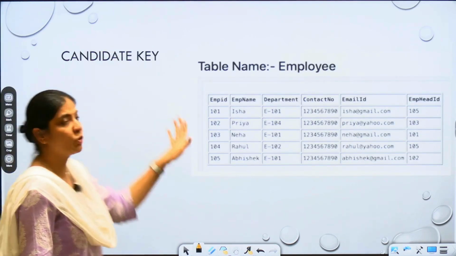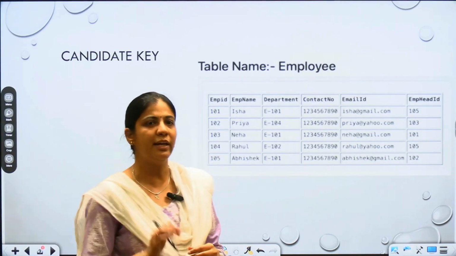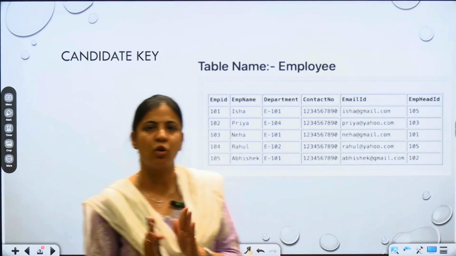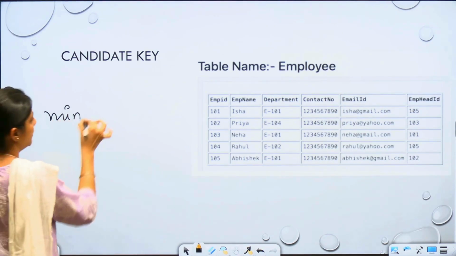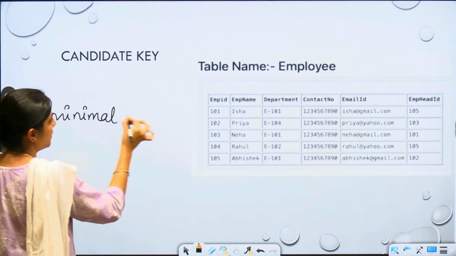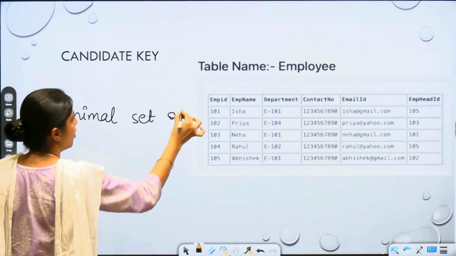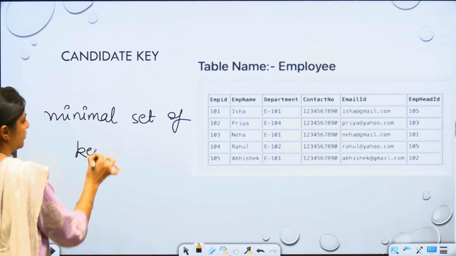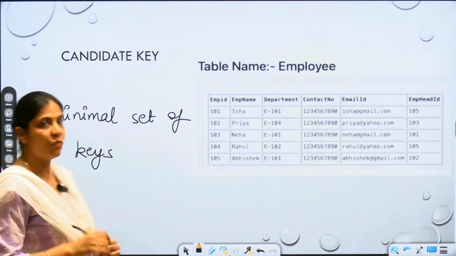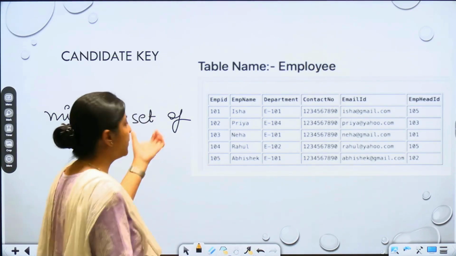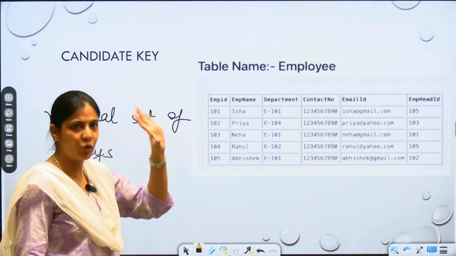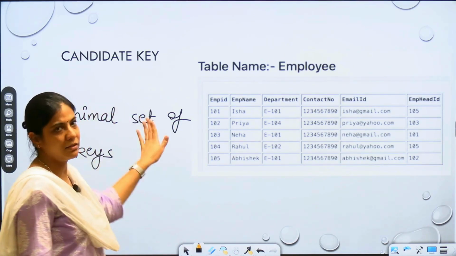Next, let us come to candidate key. A candidate key is a minimal set of super keys. When I have a set of super keys and I remove the extra elements from that set, I can get a candidate key.